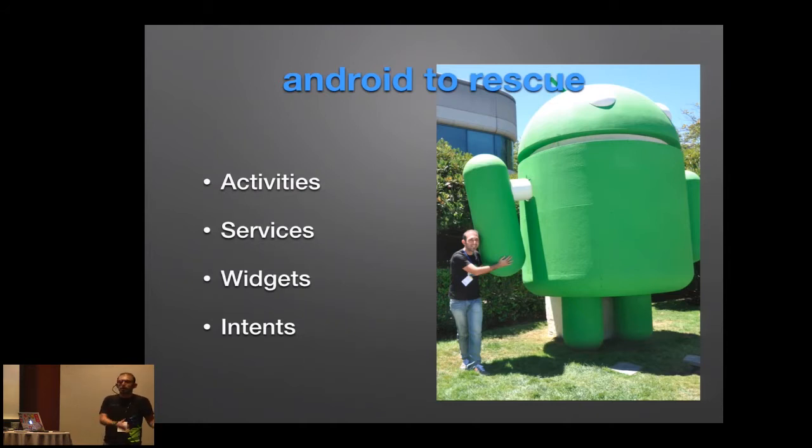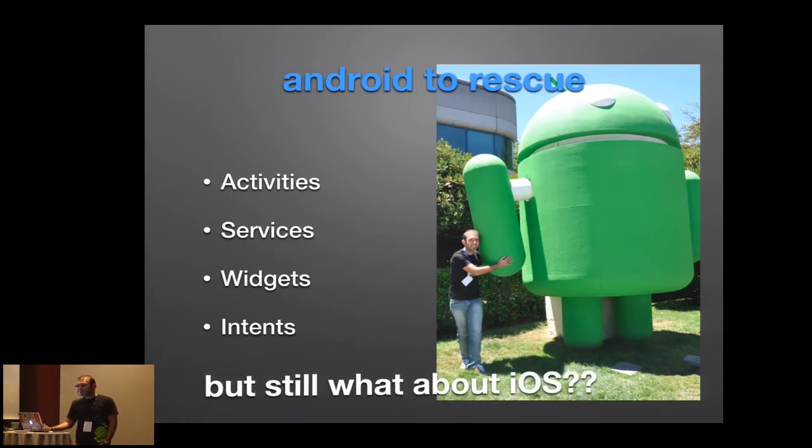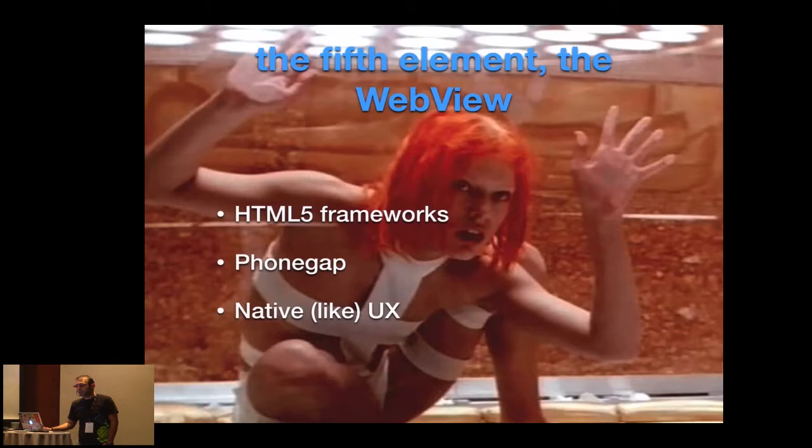They all want an iOS counterpart. So at that time I was wondering if I could do apps which can work on both platforms, which gave me an idea: okay, we have the 4 big elements on Android: activities, services, widgets, intents. What about the 5th element, the Webview?